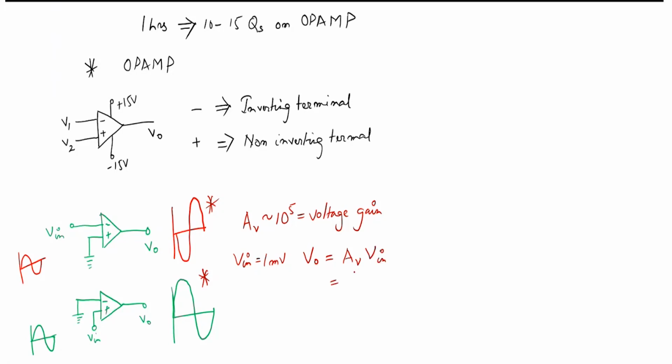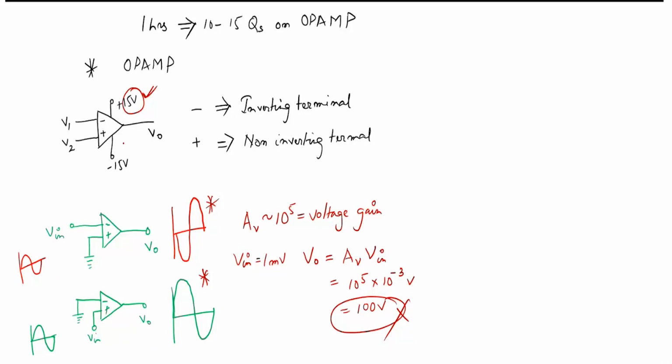The gain here is 10 to the power 5, the input is 10 to the power minus 3. So how much voltage are you getting? 100 volt. But 100 volt is not possible because our supply is how much? 15 volt. Can you understand this one?